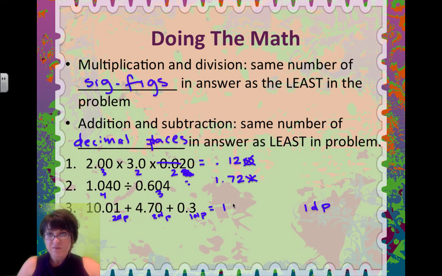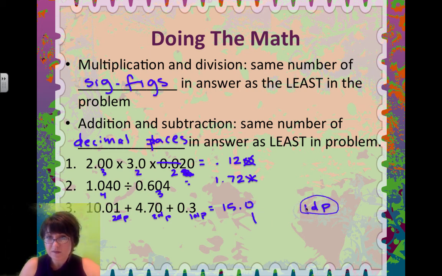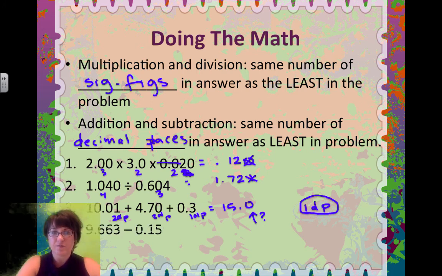I have to write 15.0. Should we keep this 0? It's just a 0, right? Do we keep it? Well, I keep 1 decimal place. So yes, you betcha, I am going to keep that 0. If I don't, then in all of the subsequent calculations I do, it's going to restrict my sig figs. So keep it. Don't get rid of those just because it's a 0.